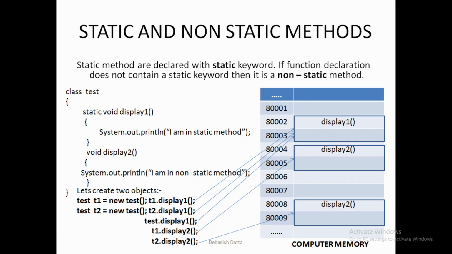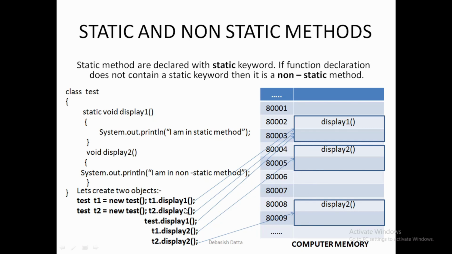For the non-static method, the same association is done at execution time. Hence, for the static method, this association is known as early binding or compile time binding, and for the non-static method, this association is called late binding or execution time binding.